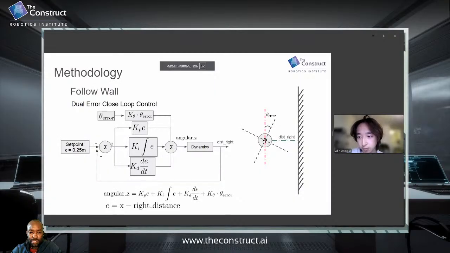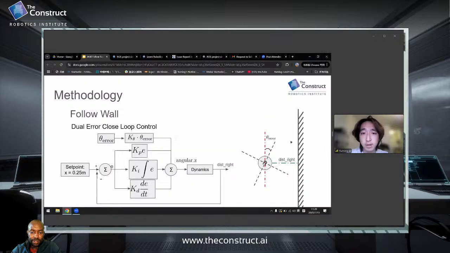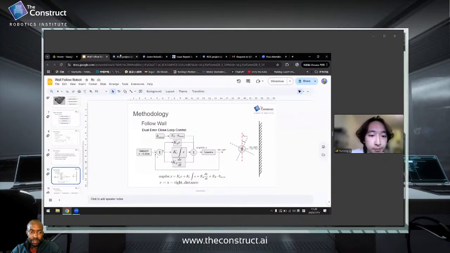So it's not the real right distance. So instead of that, I compute a little bit to get the real distance of the right. But okay, back to our topic here.